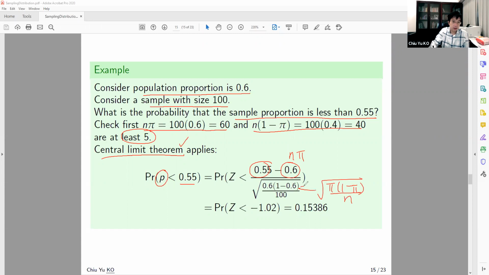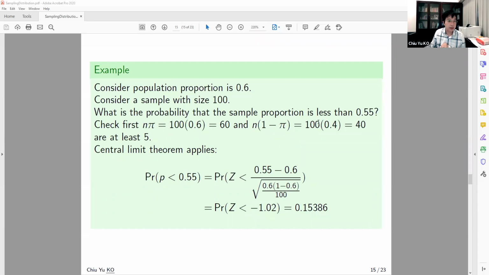This comes from the central limit theorem, and this number turned out to be negative 1.2, and that's why you have this result. Is that okay? Basically there's nothing but applying that formula directly. There's nothing new.